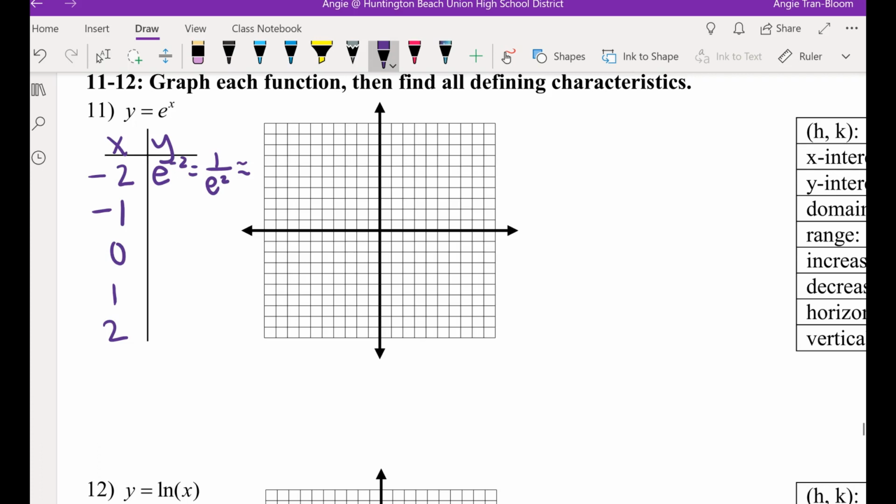So Brooke, whenever you're ready, give me 2 decimal places, hon. 0.14. Someone confirm that for me? Thank you. E to the negative 1 is the same thing as 1 over E. Someone punch that in. 1 divided by E is what? Daniel, whenever you're ready.